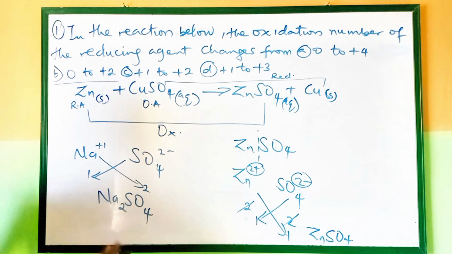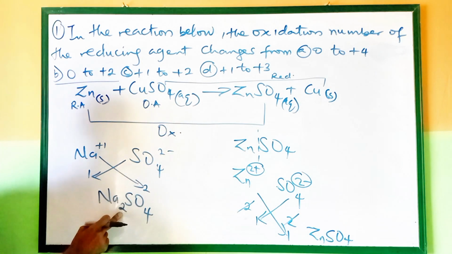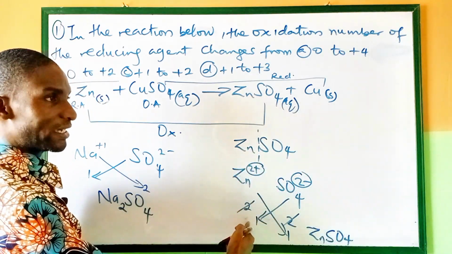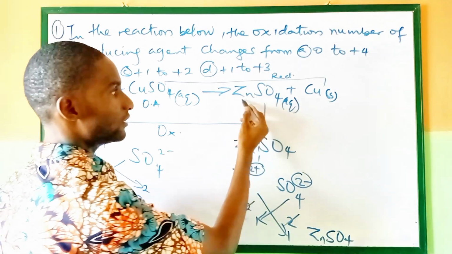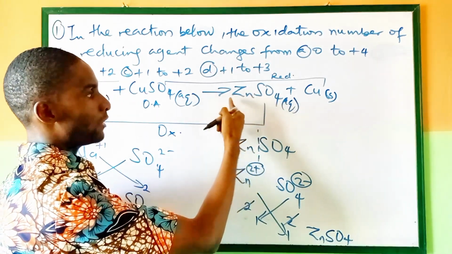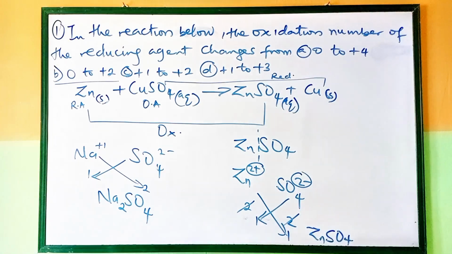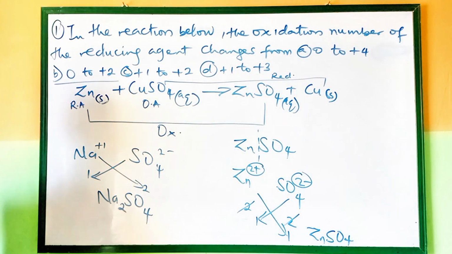So in this situation, the oxidation number of sodium is 1. Sulfate is the owner of these 2. But for this case, the 2 of zinc have been cancelled by the 2 of the sulfate. And that is why you have this. Can you see 2 is not here? So that means the oxidation number of zinc is 2. And that means the oxidation number changed from 0 to plus 2. This is the answer to the question.